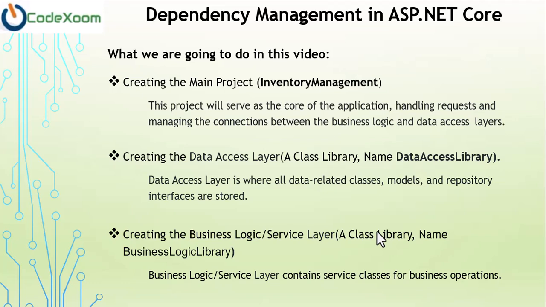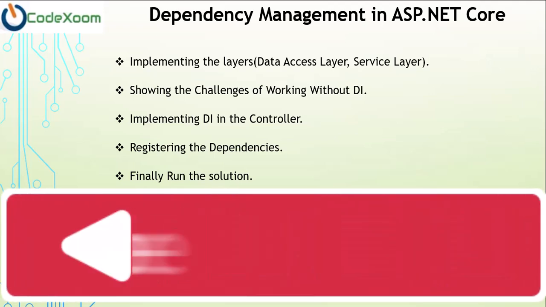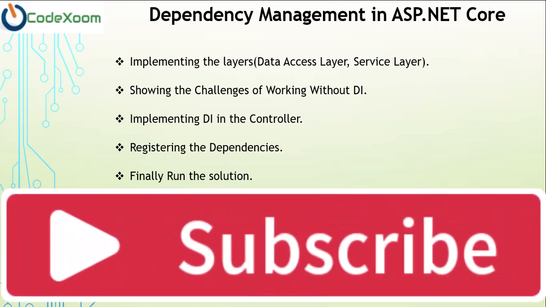Then we will create a business logic or service layer, and to do this we will take a class library named Business Logic Library. Then we will implement the layers, the data access layer and the service layer.